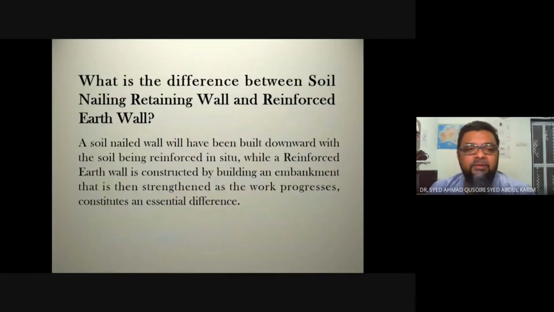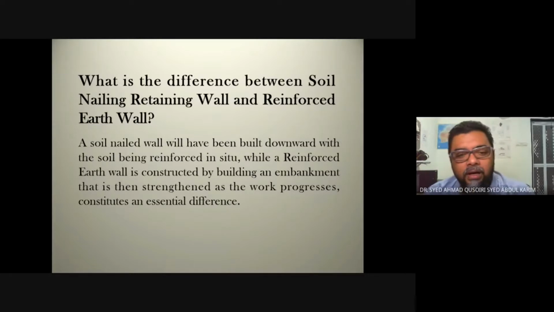So the difference between soil nailing retaining wall and reinforced earth wall: a soil nail retaining wall has to be built downward with the soil being reinforced in situ. You have to drill it from the top down. Very noisy, very messy. While a reinforced earth wall is constructed by building an embankment, which is strengthened as the work progresses.